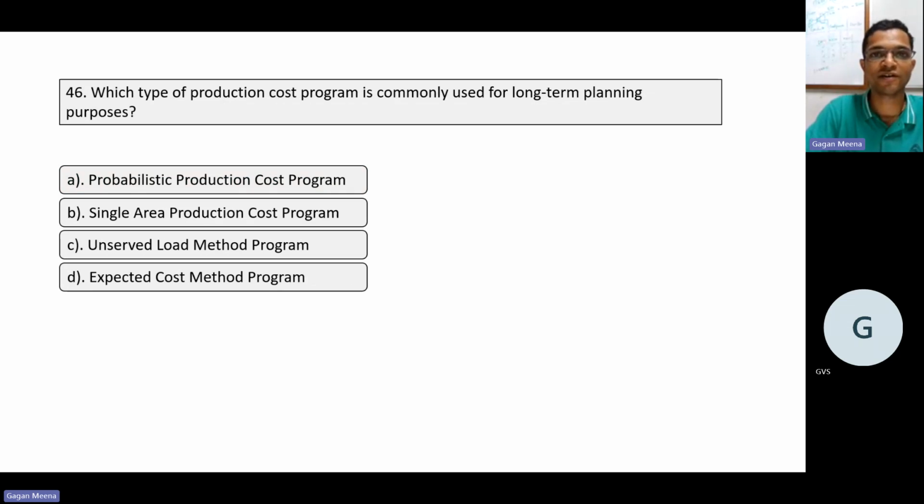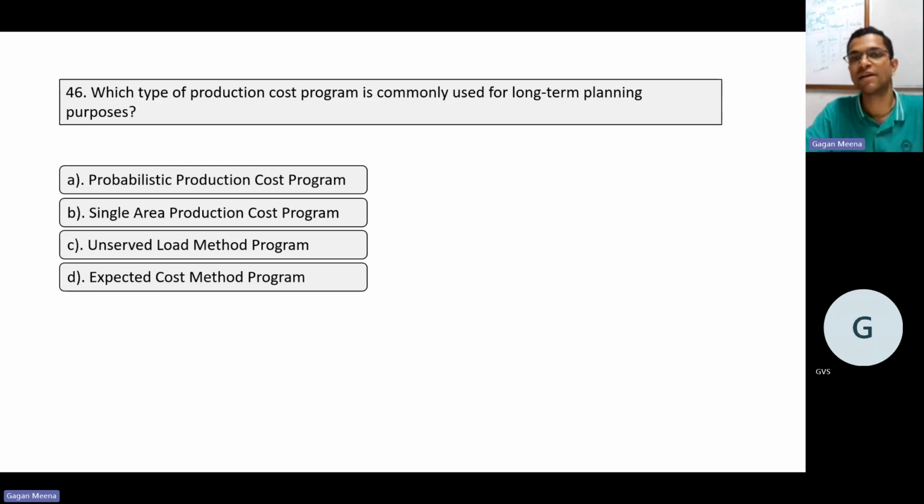Which type of production cost program is commonly used for long-term programming? It is a single area production cost model. Single area, we combine all the areas. We assume that the entire power system is brought into a single area. All these multiple areas are not considered, because long-term programming problems are very large in size.